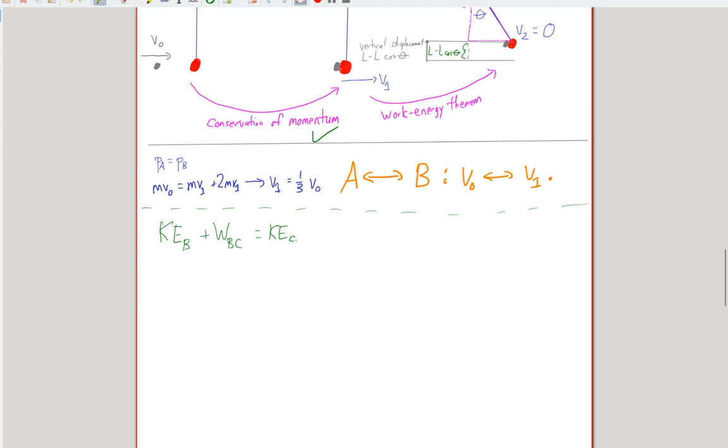They're exactly equivalent. You will get exactly the same answer, but I find this approach in a way more direct and also more educational for students. So that's why I'm choosing to do it this way.